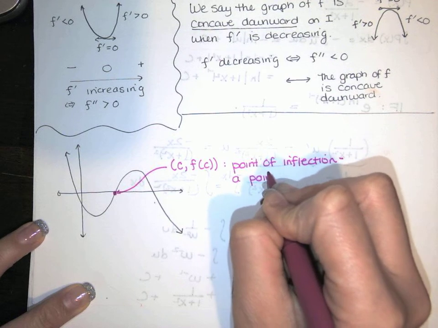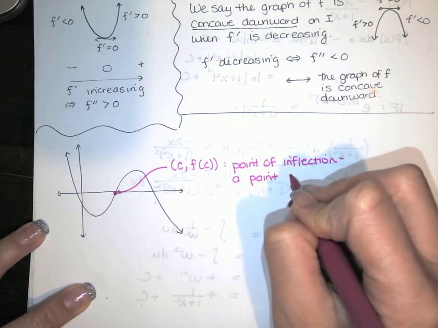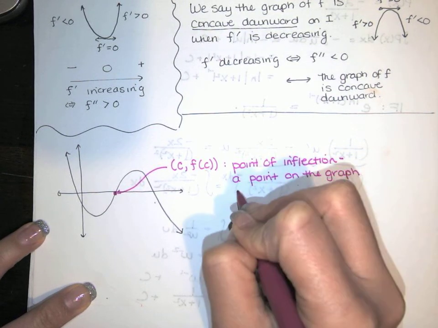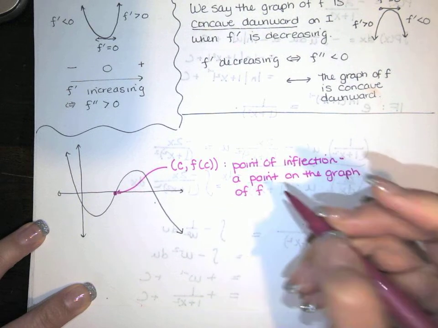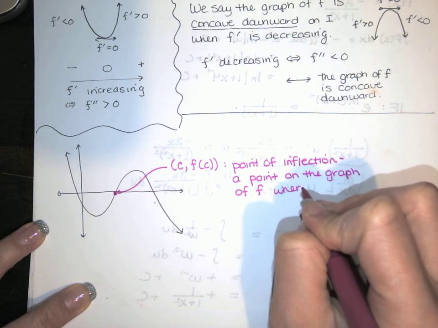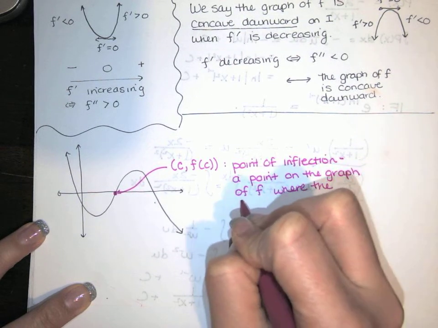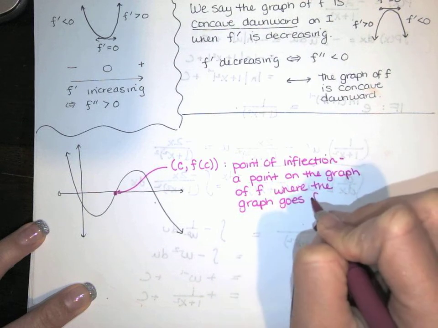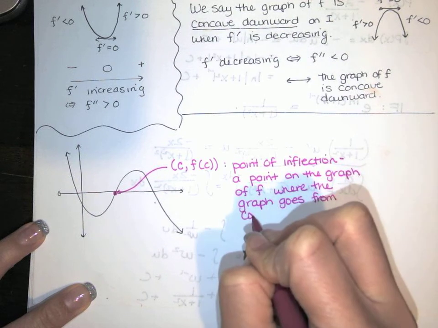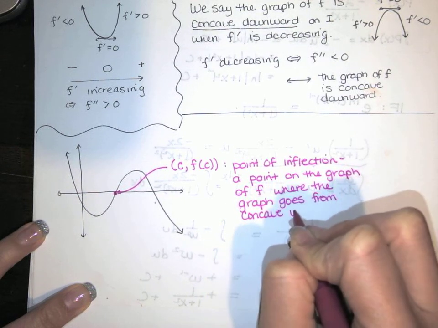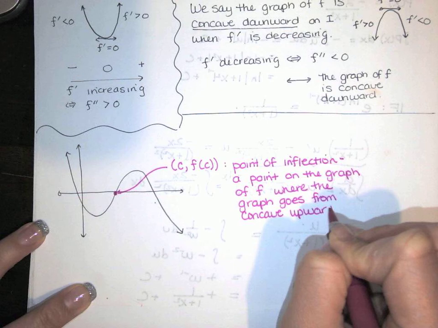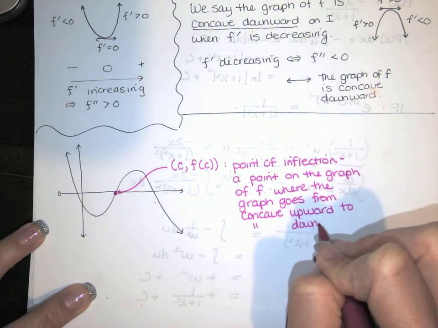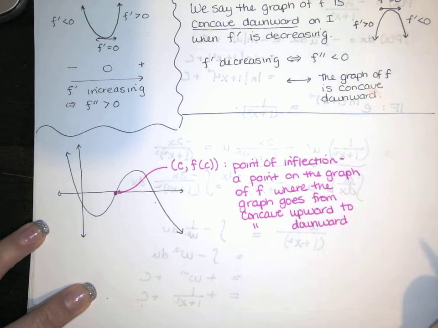It has to be a point on the graph. So it goes from concave upward to concave downward, or vice versa. The other way around is fine. The concavity just changes.